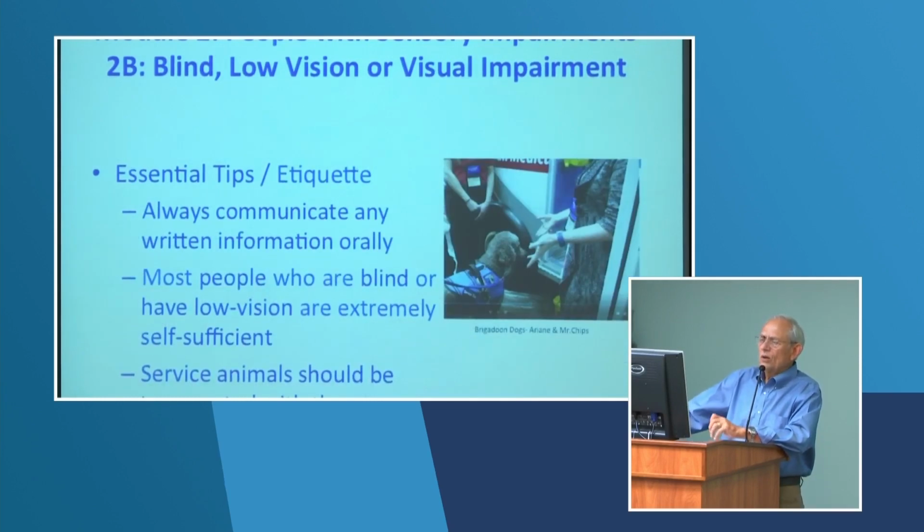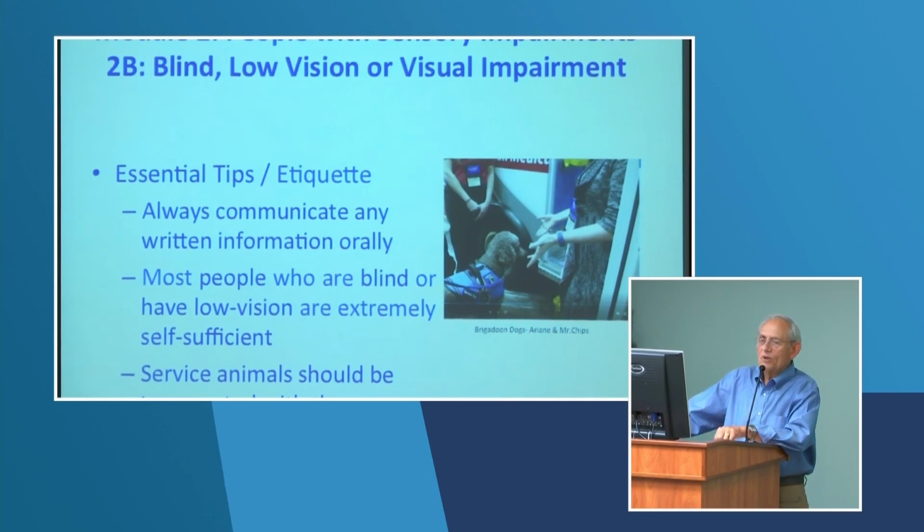Now, obviously, in people who are blind or low vision or visually impaired, always communicate written information verbally. If you can't read the menu, don't give them a menu. You have to read it to them.